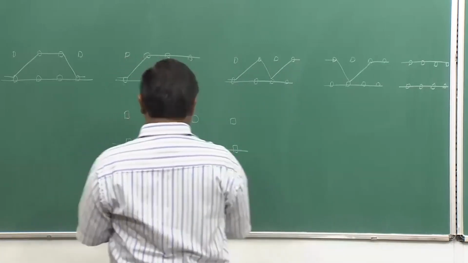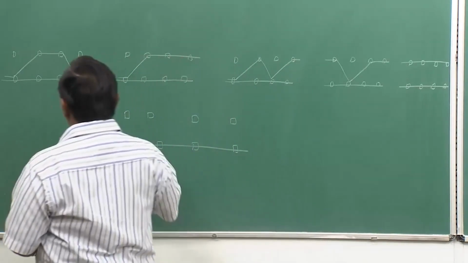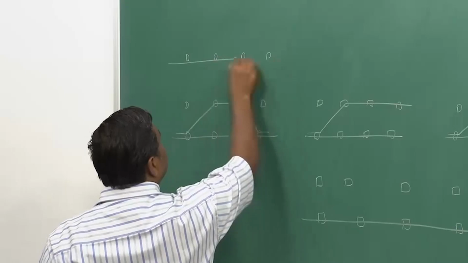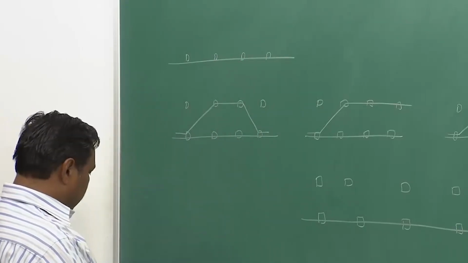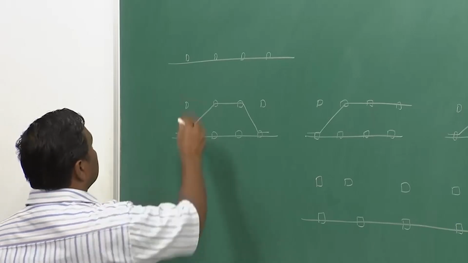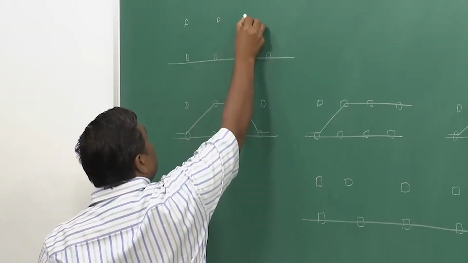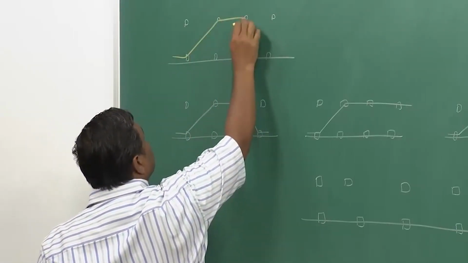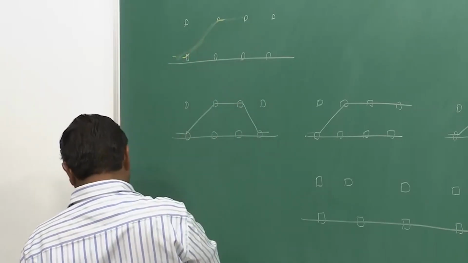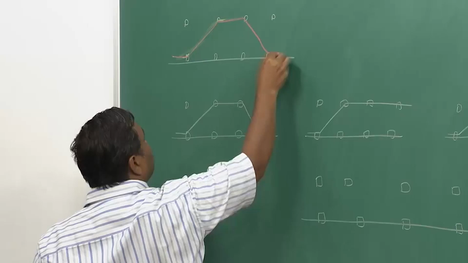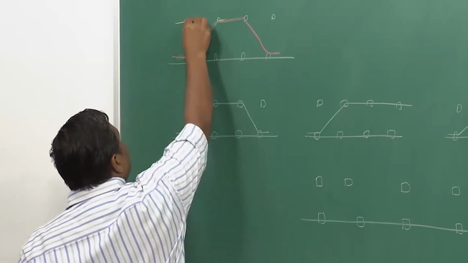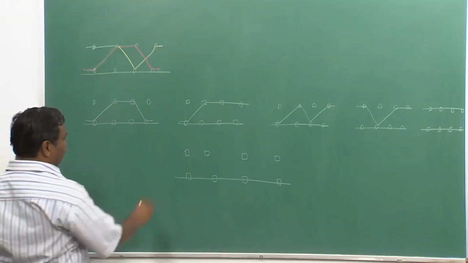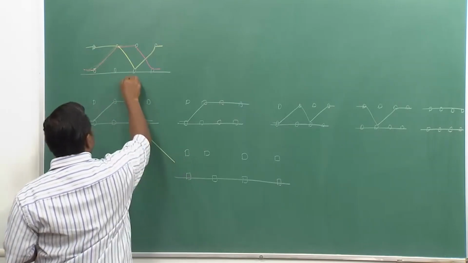So, we can draw this state here. You can go from here to here and from here to here.